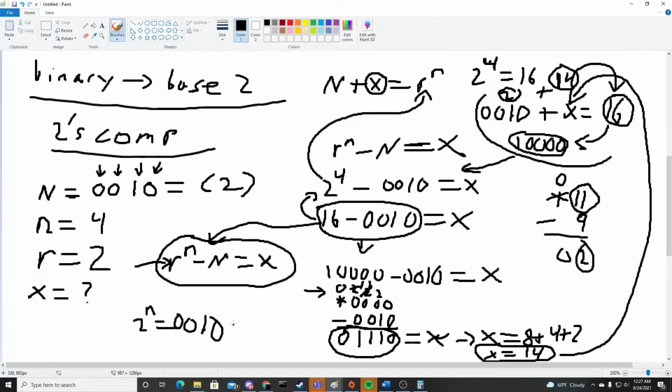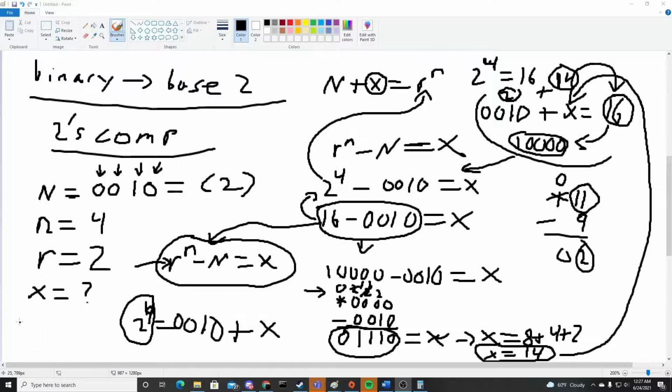What number added to this number would give us 2 raised to the power of the number of digits, which in this case was 4? That's basically why it's called 2's complement, because we're always looking for the complement to the number that would give us this value.